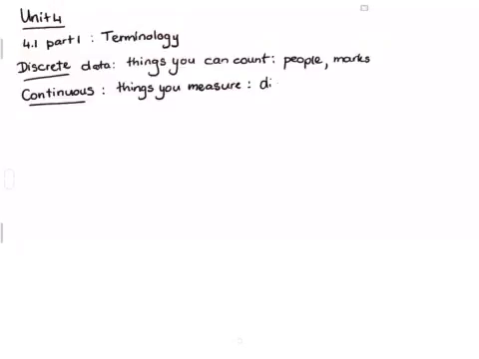So for distance, you would just say so many kilometers to Cape Town. You won't say so many kilometers, so many meters, so many centimeters, etc. Weight, even area, anything you measure is considered continuous data.